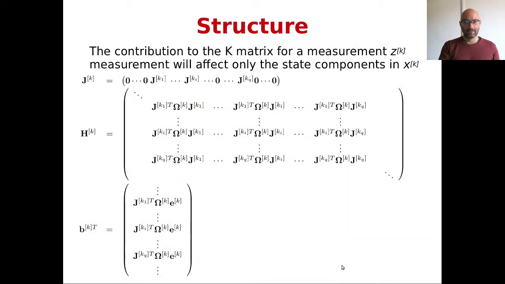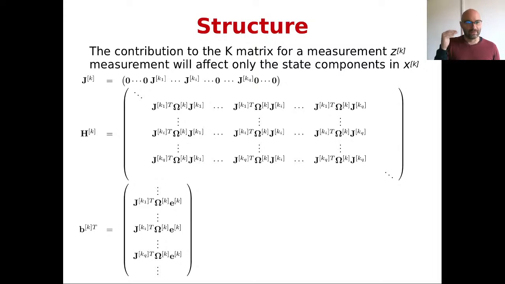In classical problems, especially in SLAM-like problems, the number of new measurements that one introduces at every new robot position is bounded, limited. This will result in adding a number of new blocks to the H matrix which is equal to, at most, the number of new measurements that I acquire at a new time instant, squared.